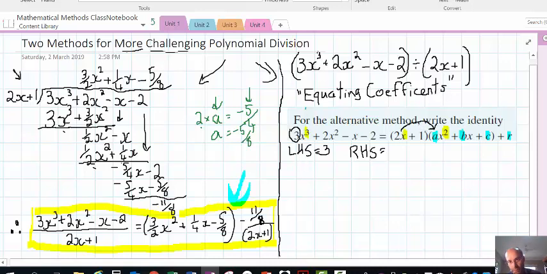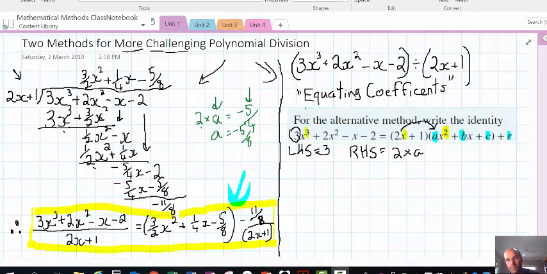By multiplying those two terms together. Think, is there any other way of getting a cubic? No, there isn't. Because the only other option is 1 times ax squared, and that's not going to get a cubic. So on the right hand side, for the coefficients, we have 2 times a together.